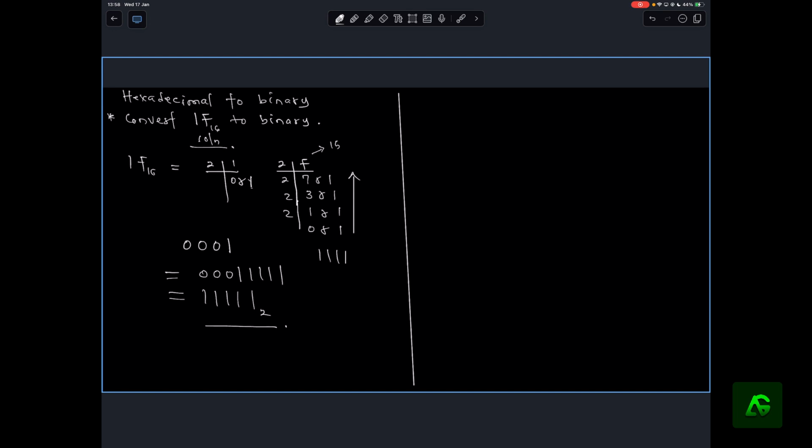Before the exercise question, we have a question here that says convert the hexadecimal fraction 0.C8 to its decimal equivalent.